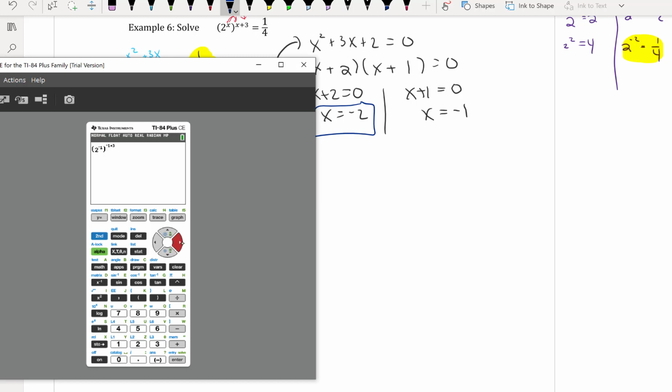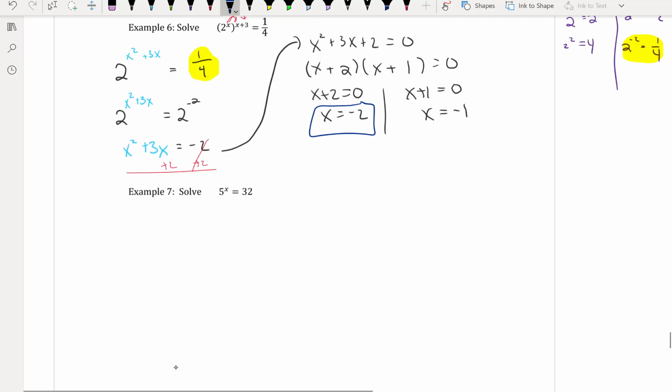Okay, so 2 to the negative 1 to the power of negative 1 plus 3. That should give me that 1/4 or that 0.25. And it does. And remember that 0.25 is the same as my 1/4. So both of those answers were good. So x is equal to negative 2 and x is equal to negative 1 were fantastic answers to have.